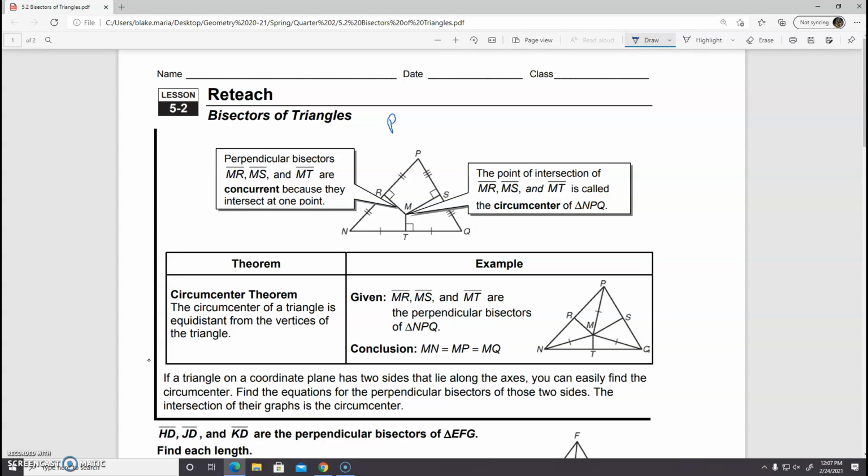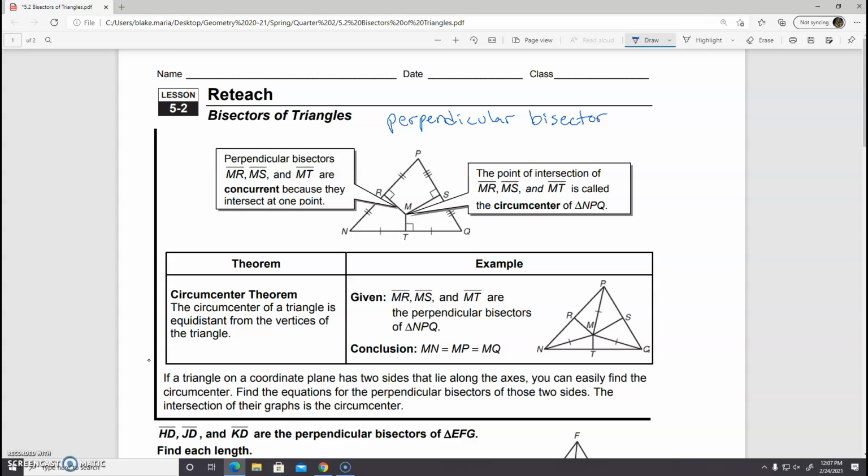So this one we're going to talk about perpendicular bisectors. The word perpendicular means to cross at a right angle, so see those right angles. And bisector means to cut into two equal pieces.